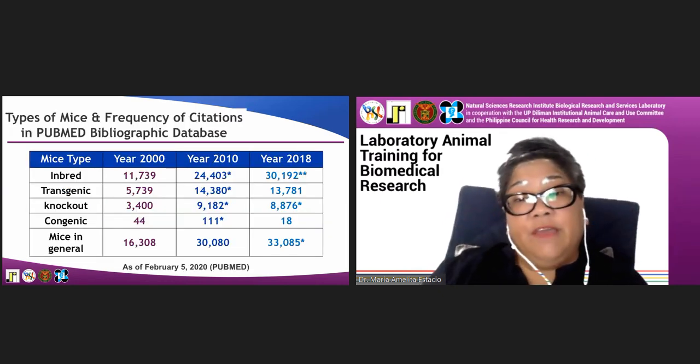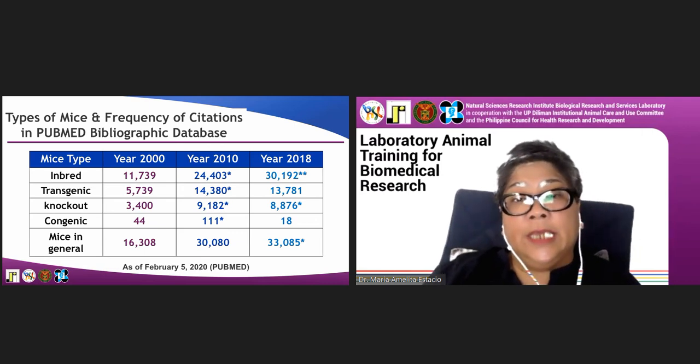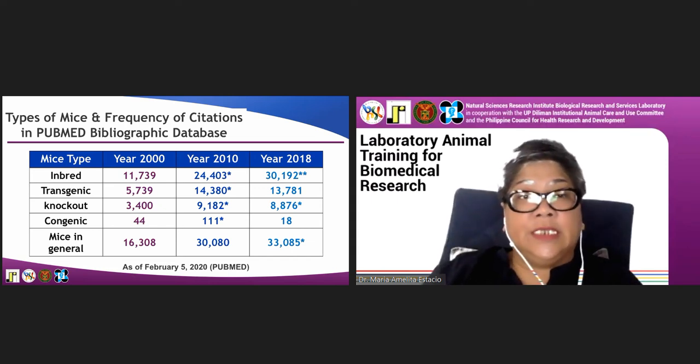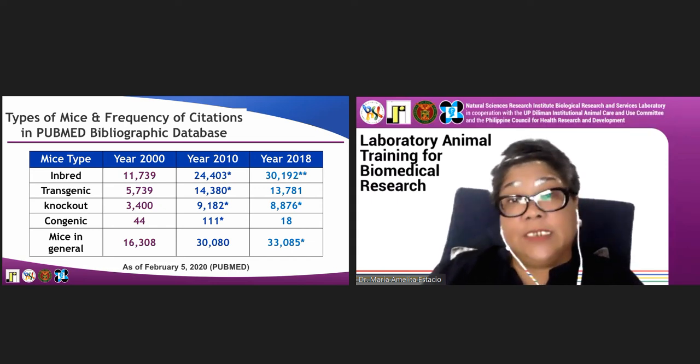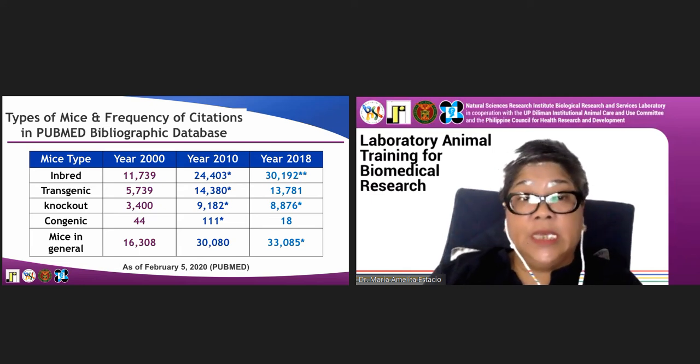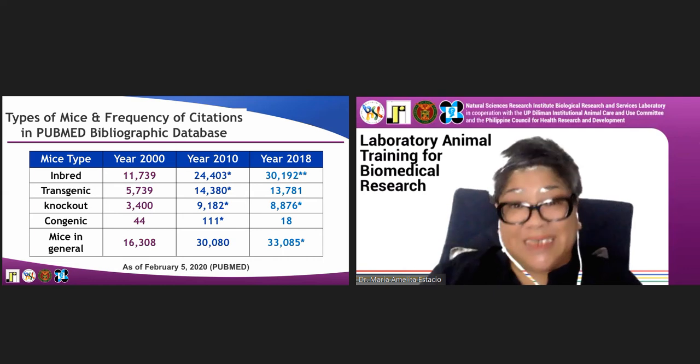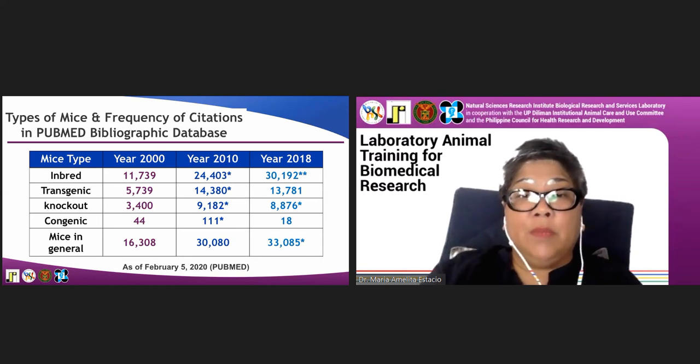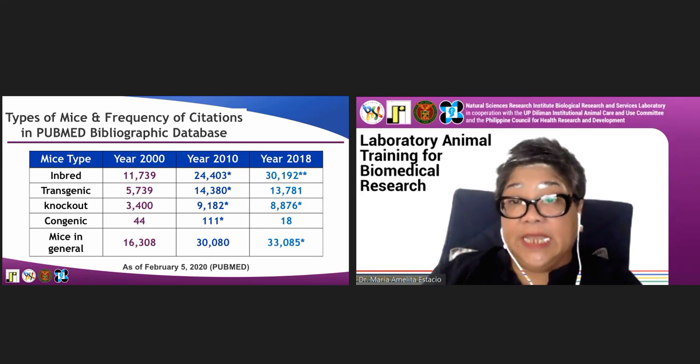Now, just to give you an idea, this is the data that I got from PubMed. And this is the types of mice and the frequency of citations in the PubMed website. This is starting from year 2000, year 2010, and the latest data is for the year 2018.